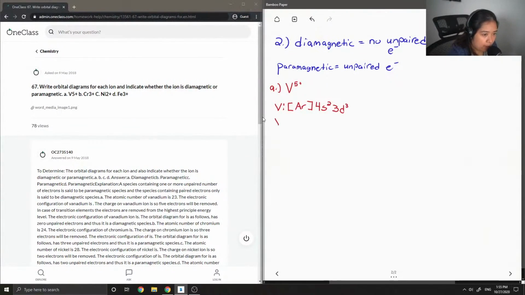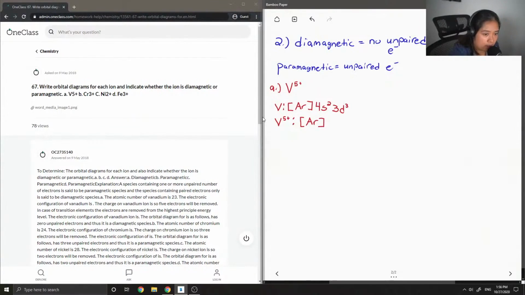So when you have a 5+ charge, this means 5 electrons were removed. So its electron configuration changes, and it actually has the same electron configuration as argon.